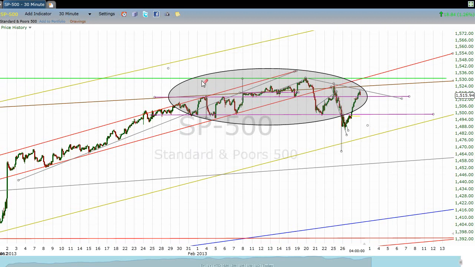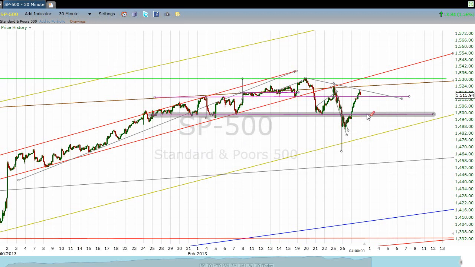And what I think happened earlier in the week with the breaking down of this line right here, that just looked to be too soon.